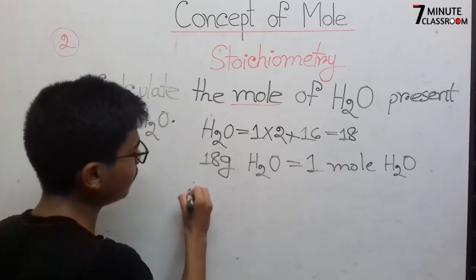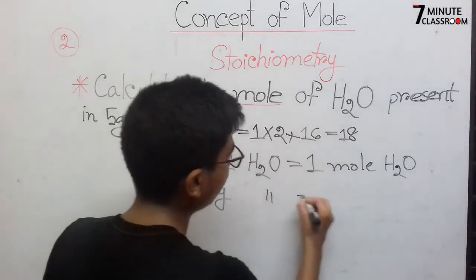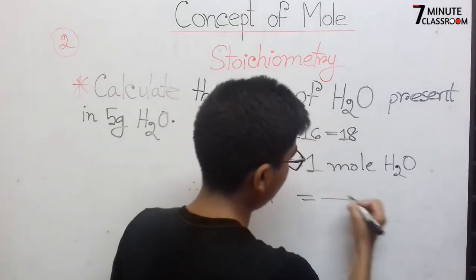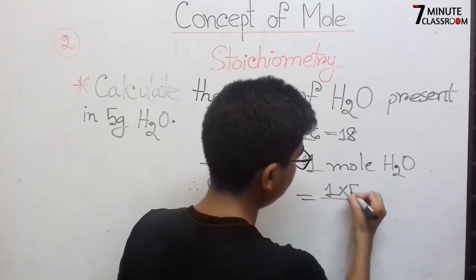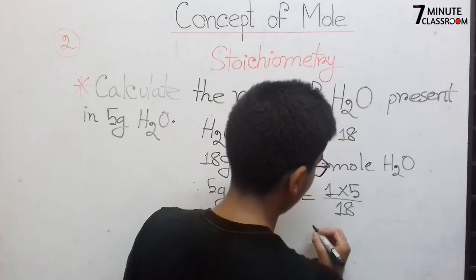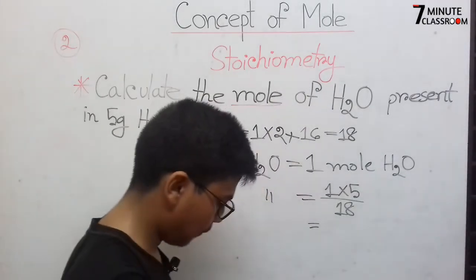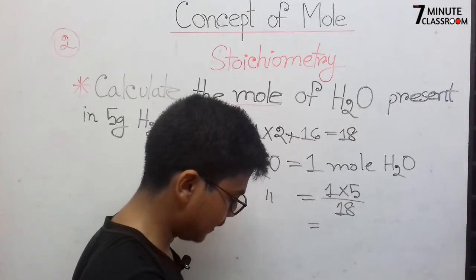So through the unitary method, 5 gram H2O equals 1 into 5 divided by 18. Now I am calculating it, 5 divided by 18.